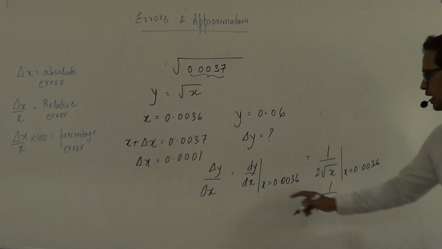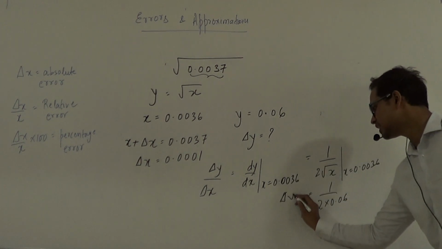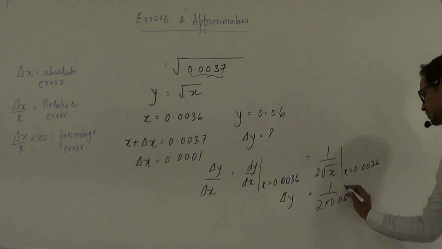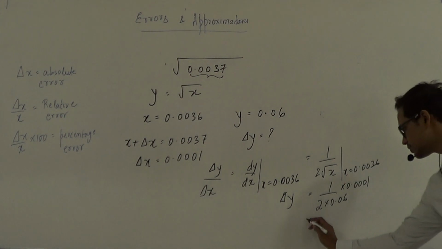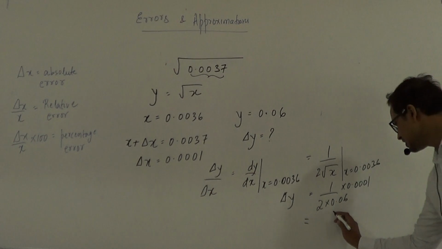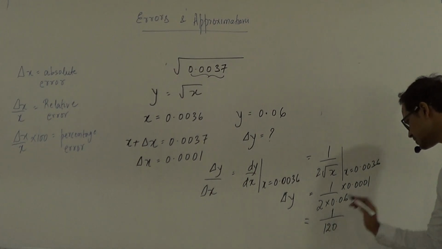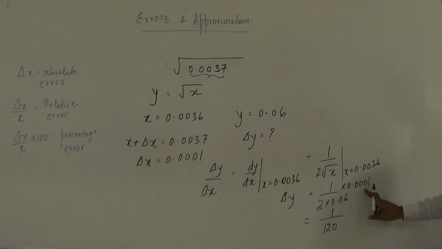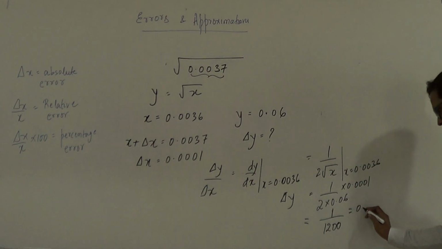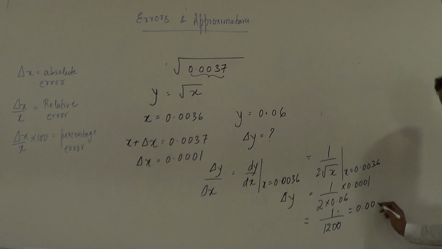And take this delta x on the other side. So delta y will be this into delta x, which is 0.0001. Too many zeros. So is it coming out to be 1 by 120? So this is 0.00083.